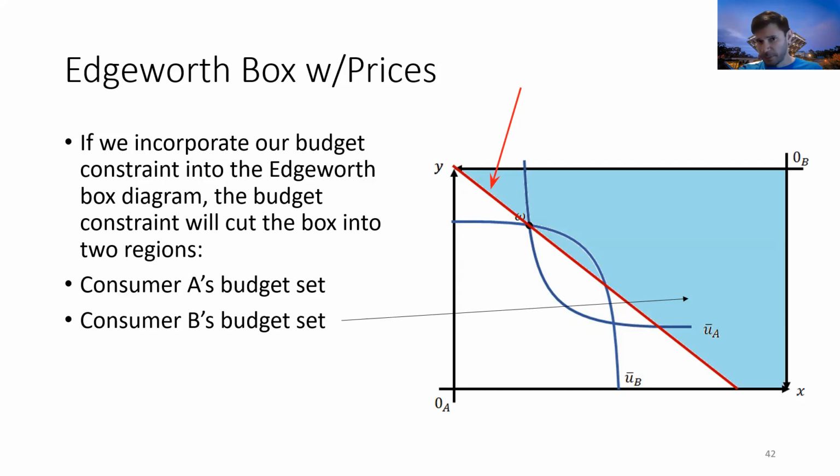And what we're going to see in a moment is neither A nor B wants to hang on to the original endowment point. The original endowment point is not optimal for either of them. So we're going to be able to think about setting up a trade through the market mechanism here, given this particular set of prices that the consumers would be trying to optimize against.